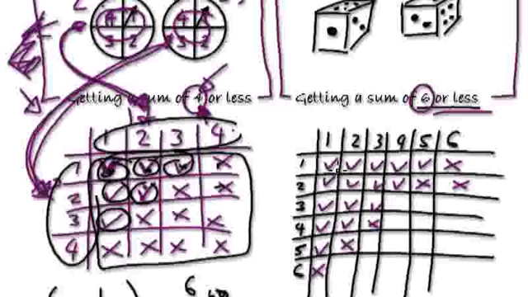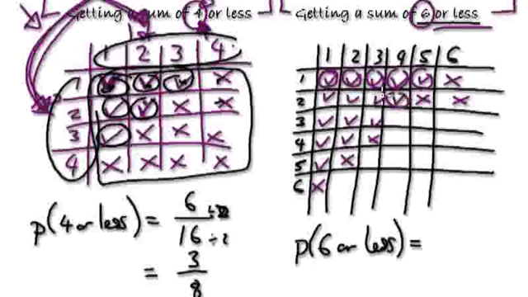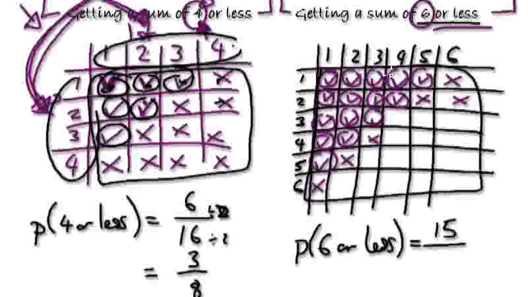So the probability of 6 or less equals, good outcomes would be 1, 2, 3, up to 15. So 15 out of the possible 36, because there are 36.